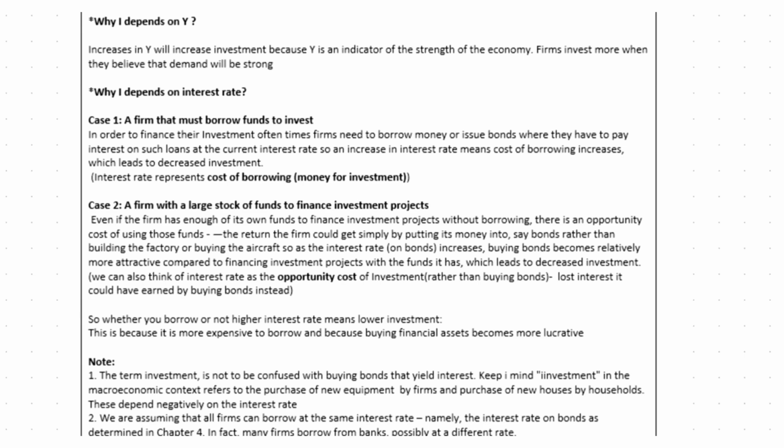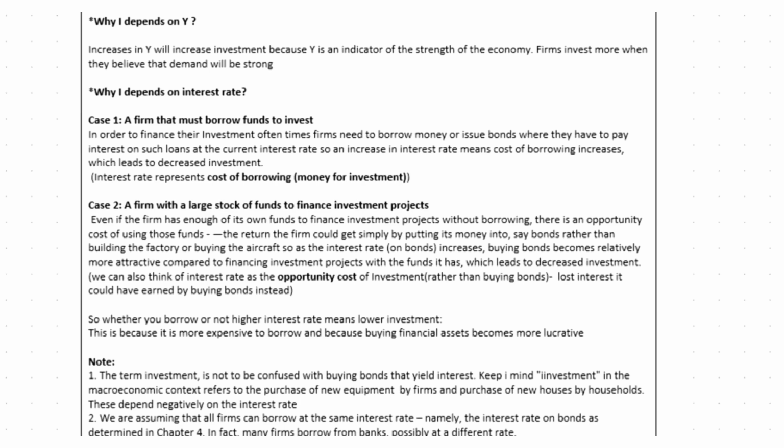So interest rate represents the cost of borrowing in such a case, and an increase in the interest rate means the cost of borrowing increases, which leads to decreased investment. So one reason why investment depends upon interest rates is that oftentimes to finance investment, you need to borrow money or issue bonds. So interest rate represents the cost of borrowing money for investment, and an increase in interest rate means an increase in the cost of borrowing.